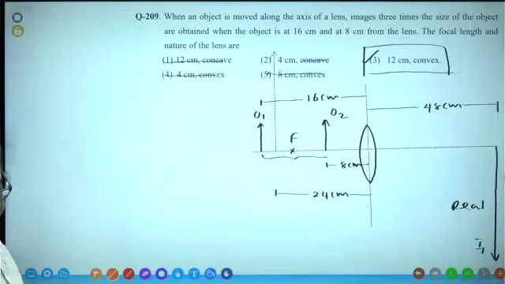Okay. Next question, 210. This one clear, right? Okay.